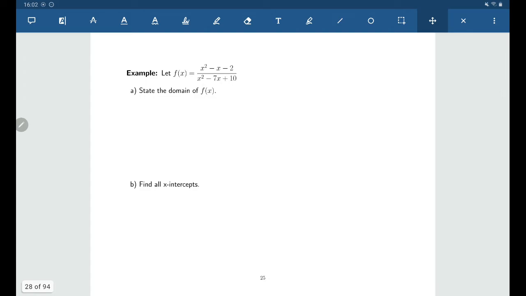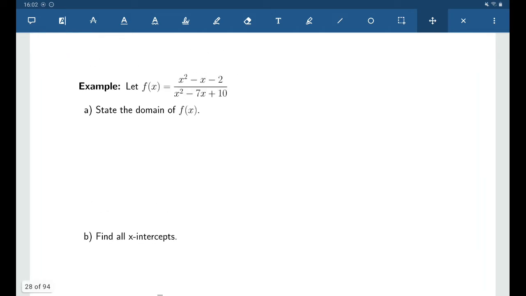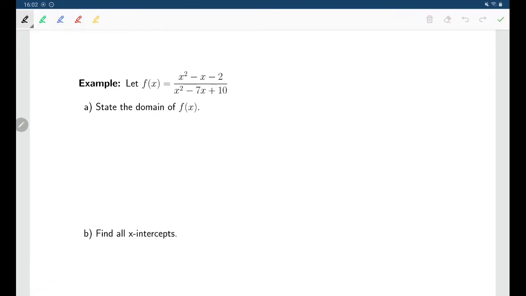So for something like this, f of x, we're going to find our intercepts eventually, but before we do, we're going to think about our domain. And before I do that, I'm going to simplify my function as well while I'm here, and that means factoring. The numerator factors nicely as x minus 2 times x plus 1, and the denominator factors nicely as x minus 2 times x minus 5.